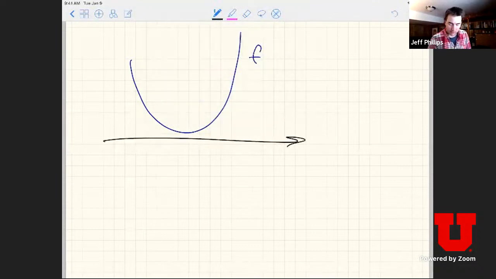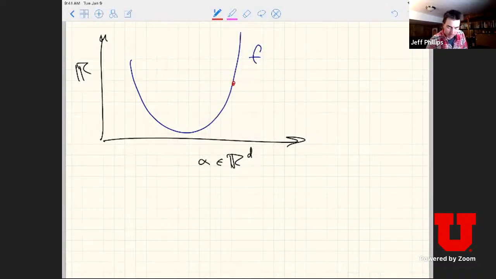And we're kind of defining this abstractly, right? And think of this as alpha in R^d. And I'm going to pick some particular spot alpha. And I'd like to know which way to go, right? And so I'd like to go down. I'd like to go the direction that the function is decreasing the most.